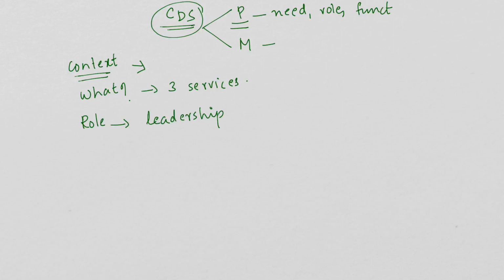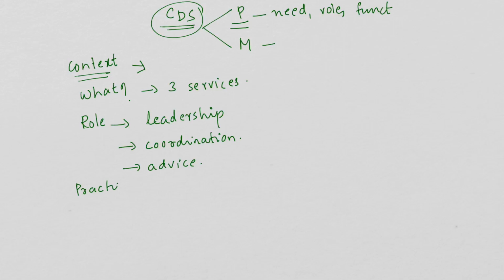We have already discussed in detail, just summing up the important points. It provides effective leadership at the top level. Second, it improves the coordination among the three services. And it also provides single-point advice to the executive, whether it is the Prime Minister or the Defence Minister.